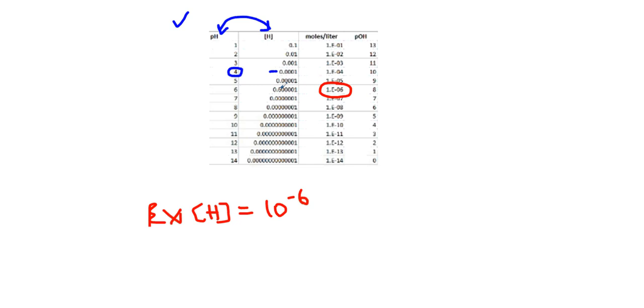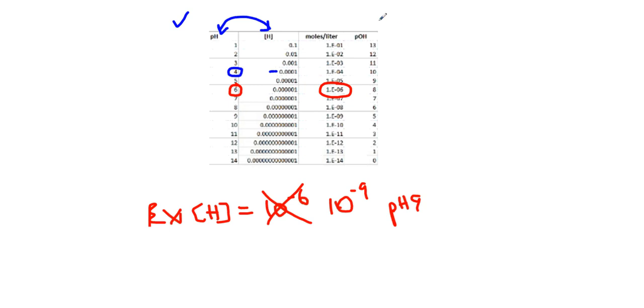I could have written it as 0.000001, but 10 to the negative 6, oh, that's too easy. It must be pH 6. What if I told you instead it was 10 to the negative 9? Hey, I don't even need to look at that table. That's got to be pH 9. So it's really easy to go back and forth from the concentration of hydrogen to the pH. And all you have to do is use this table here.